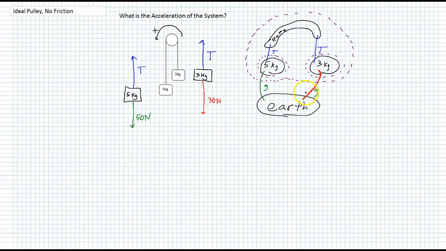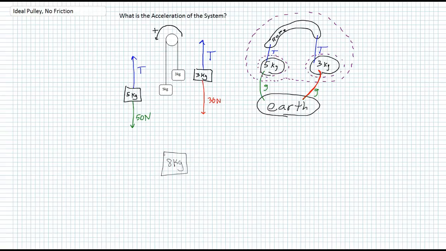And interacting with that system is just the gravitational force of the Earth. In essence, what I've done is basically turned the tension force from the rope into an internal force. Now, what does that mean? It means that my new system is equal to the mass of all of the objects inside of it, 8 kilograms.